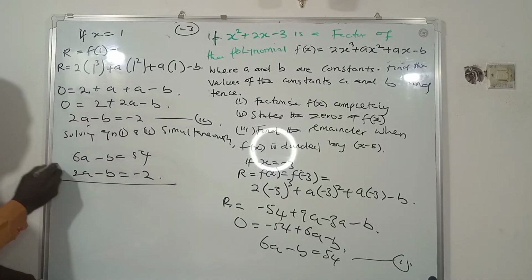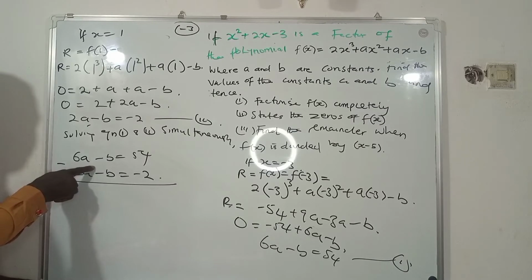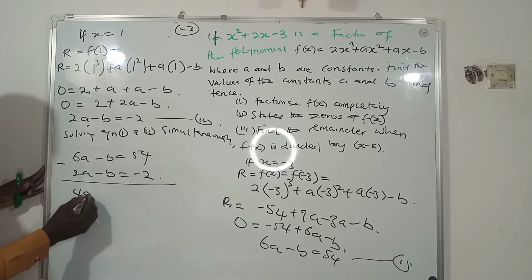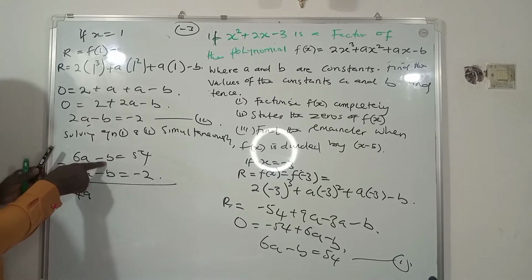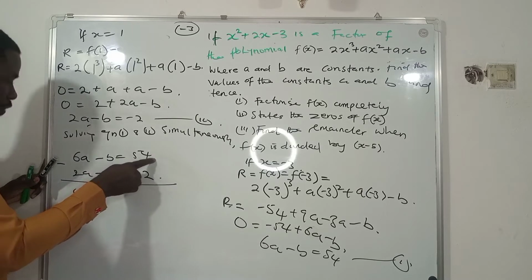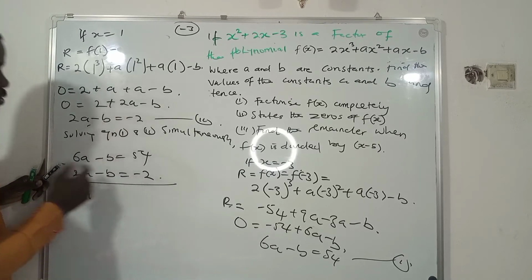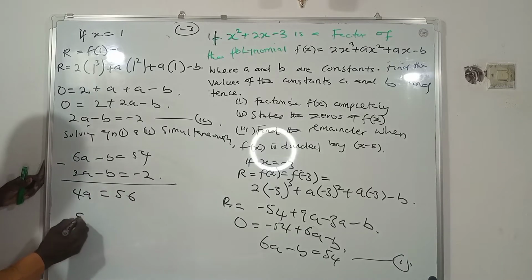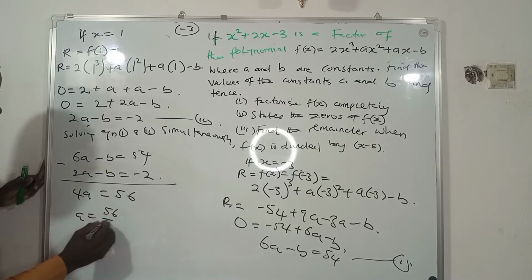I will introduce a minus sign so that I can say 6a minus 2a. Of course, 6a minus 2a will give us 4a. Now here becomes minus b minus b, that will be 0. And then we now say 54 minus 2, that of course will give us 56. A will be equal to 56 divided by 4.